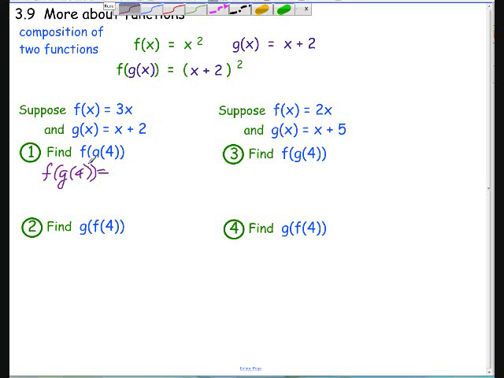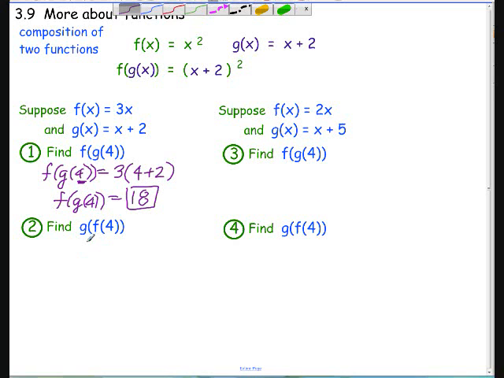Function f right here is 3 times whatever our input is, and our input in this case is x plus 2, only the x is no longer x, it's 4. 4 plus 2. So what is the value of function f of g at 4? This is nested, isn't it? It's 3 times 6, or 18.